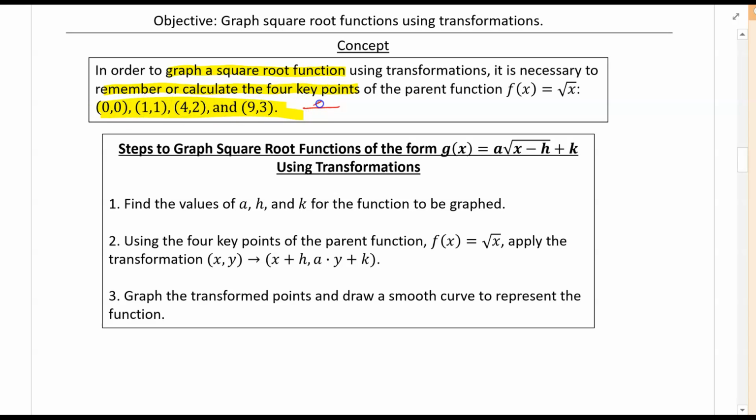You guys have to remember these 4 points. Or if you don't remember them, you need to be able to know how to calculate them, okay? So basically the y values go 0, 1, 2, 3, and then you square them, and that's the x's. So 0 squared is 0, 1 squared is 1, 2 squared is 4, 3 squared is 9, okay?